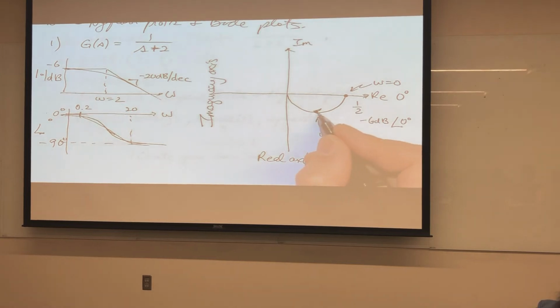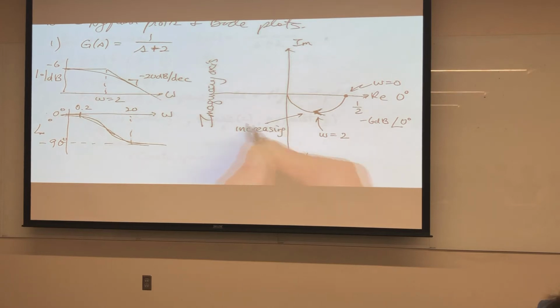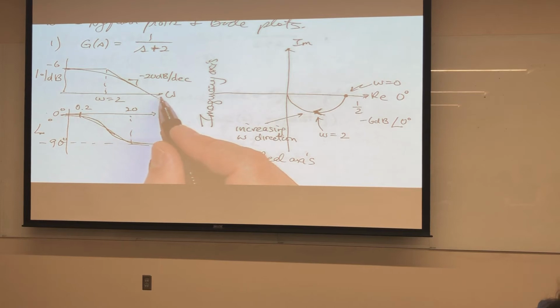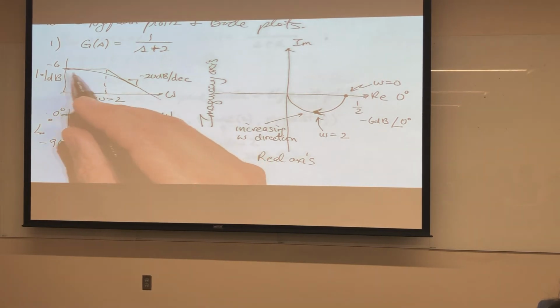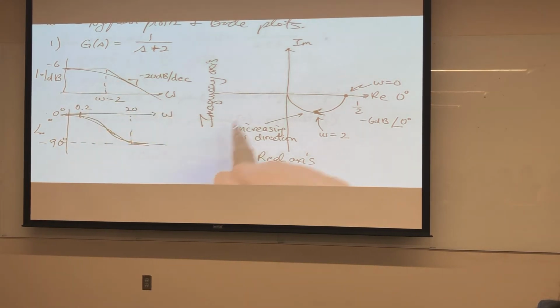This is omega equal to 2, but I'm going to put an arrow on top of that point. That arrow tells me this is the direction of increasing omega. When omega is very large, the magnitude is small, and the phase is negative 90 degrees.